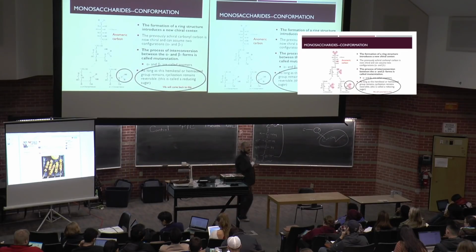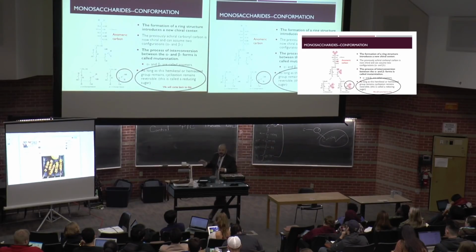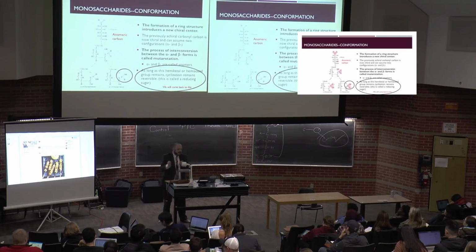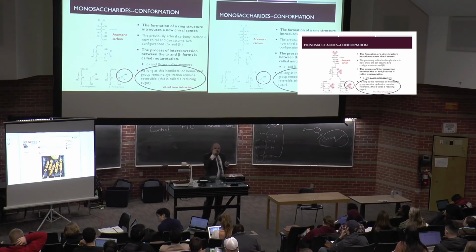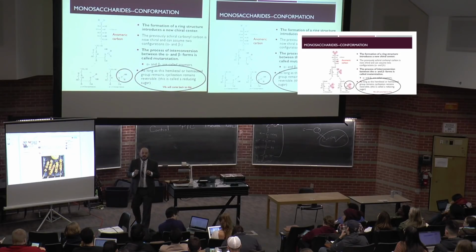So we're going to come back to this. Depending on the conformation of the sugar, it can go back and forth between the linear and the cyclic structure. If that hydroxyl group is gone or has partaken in another chemical reaction, it no longer becomes a reducing sugar.